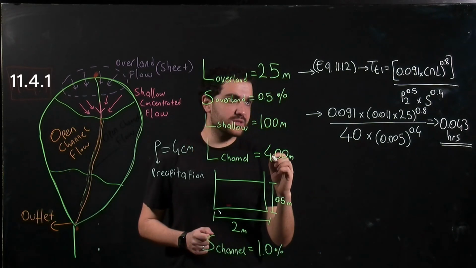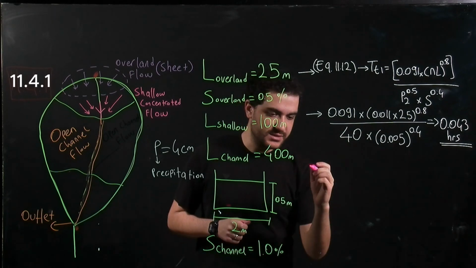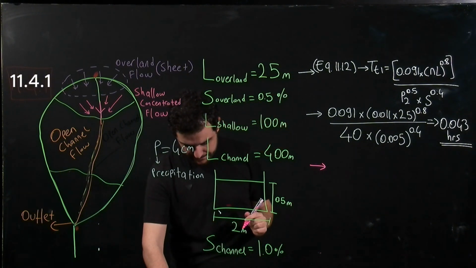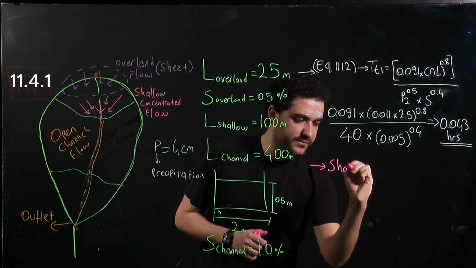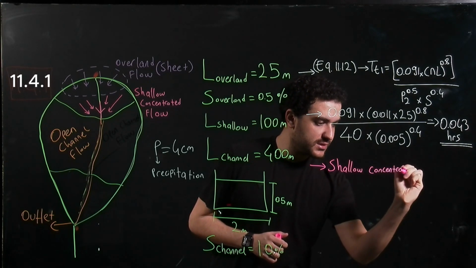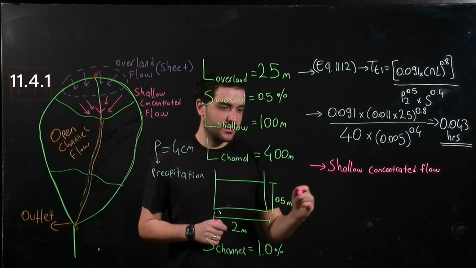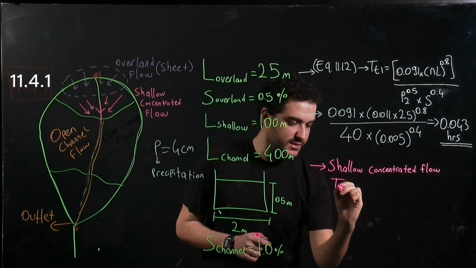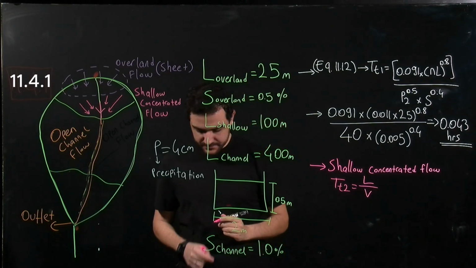And now we are going to skip to the next one. Let me use another color. So right now we are doing it for shallow concentrated flow. The travel time for this type of flow is, let me write travel time t, it is length over velocity.